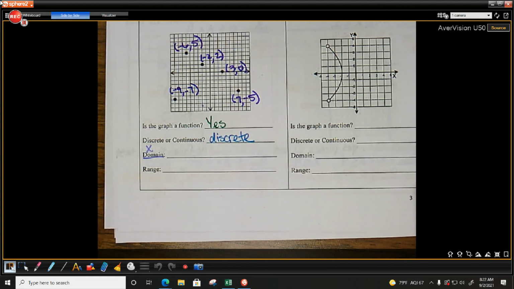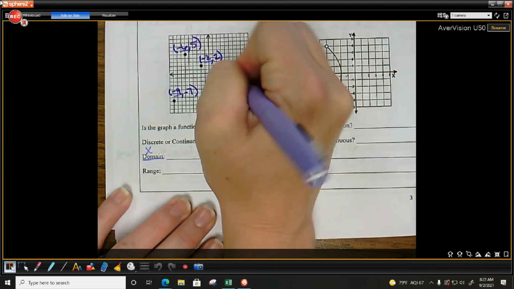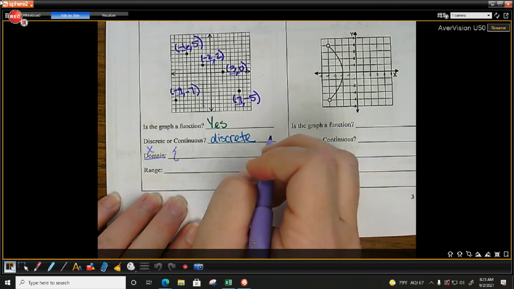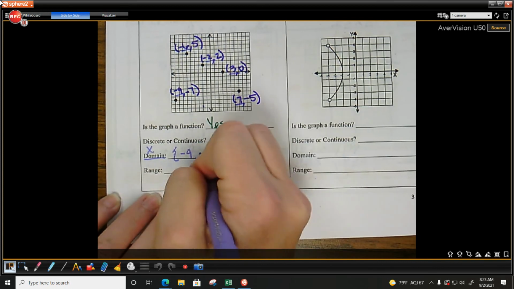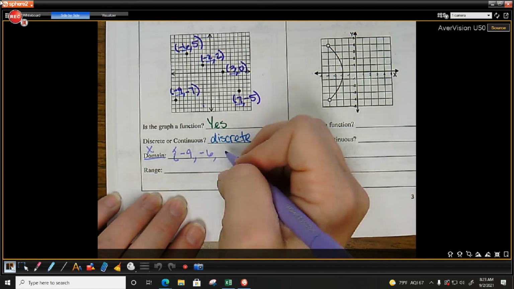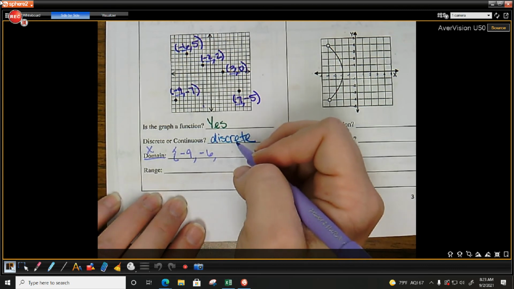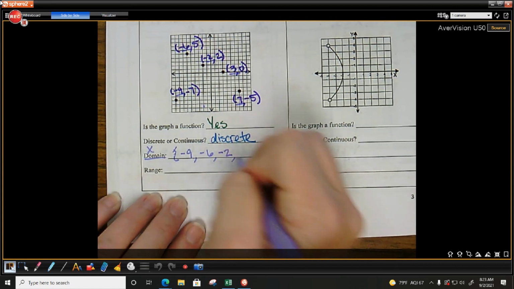What's my smallest x value? Then? What? You skipped one. The x values? -2, then 3, then. Very good. Now do your y's.